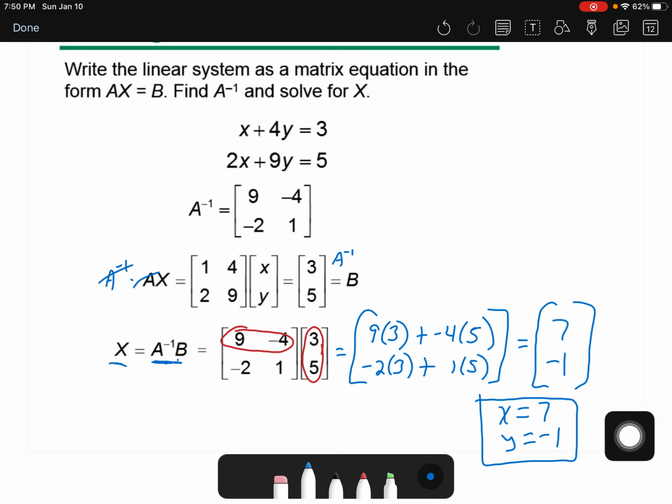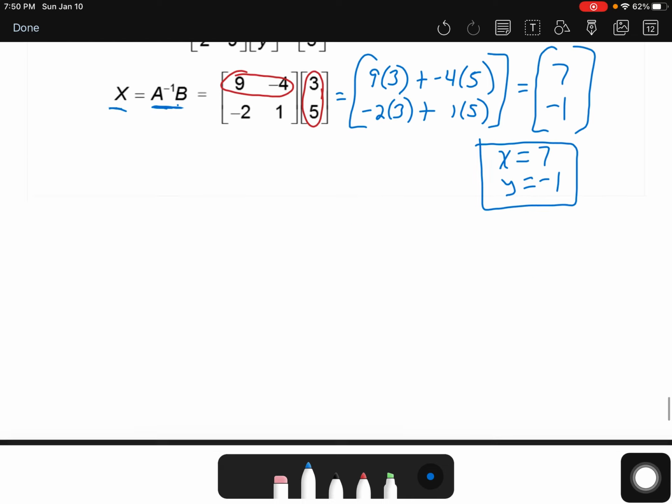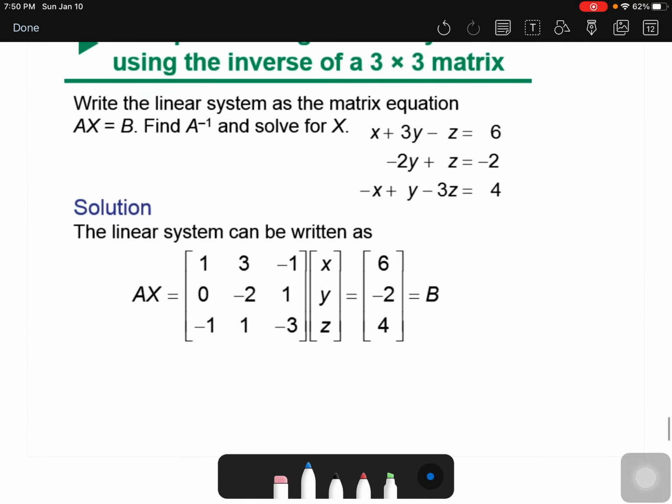Okay, since we already had found that inverse, this wasn't too hard to multiply, just a 2×2 times a 2×1. But on one like this where we have a system of equations with 3 variables, we'd probably want to use our calculator. We'd set it up like this, where we have our matrices representing our system of equations right here.